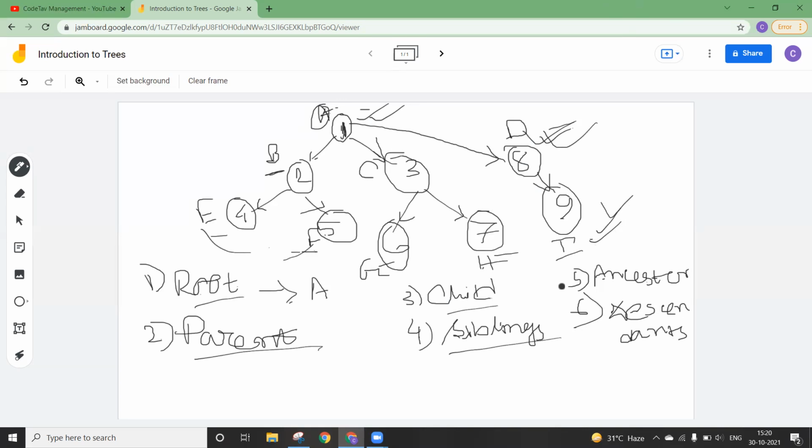Now the seventh one is the leaf or external node. These are nodes which have no edge originating from them and have no child attached to them.